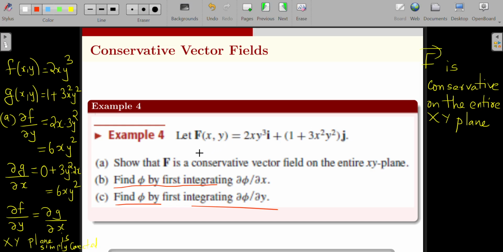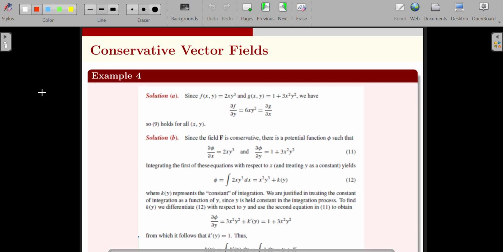We have proved on the A part of this question that F is conservative. If a vector field is conservative, what does that mean?